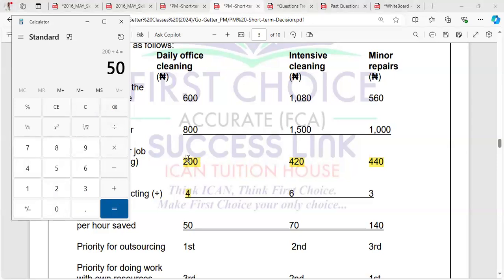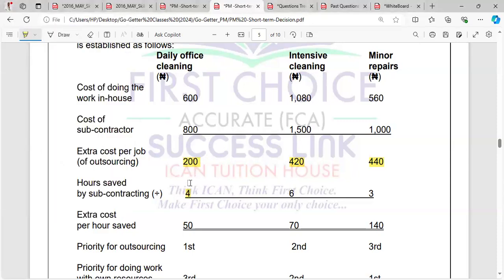This 200 you just gave out is as good as saying for every 1 hour, you have saved 50 naira. Normally it's 4 hours for one job, and you divide the extra by it, so this is 50 naira cost per hour saved.